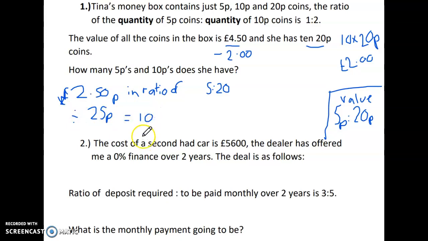What we do with that 10 is we times it by the initial part. So 10 times 5, this is part 3, gives us 50p. And then 10 times 20 gives us £2, or we'll go with 200p, we keep it all as pence.